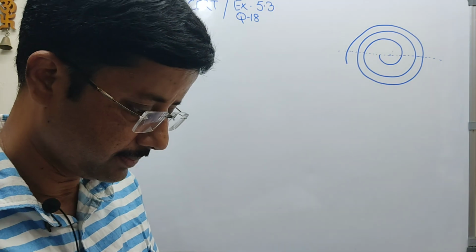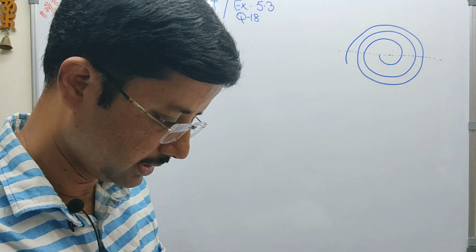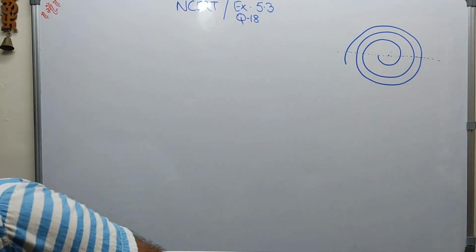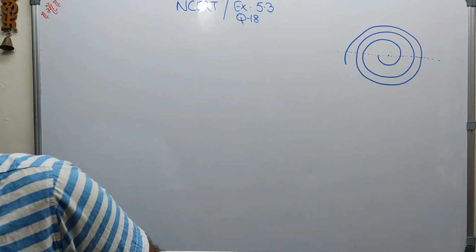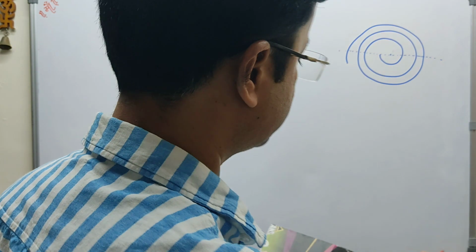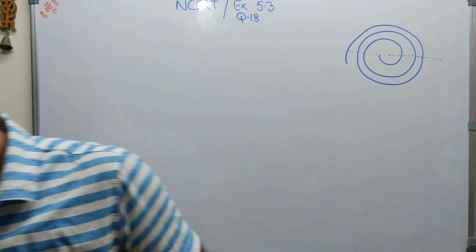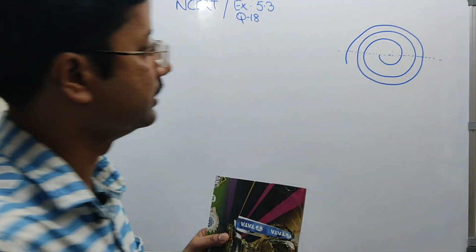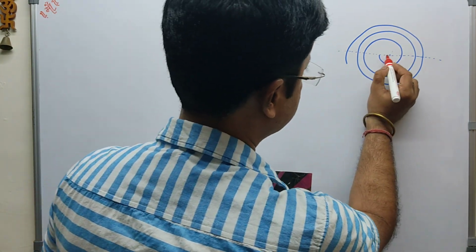And the question says a spiral is made up of successive semicircles. Now you can see here there are successive semicircles. Semicircles can be clearly seen.